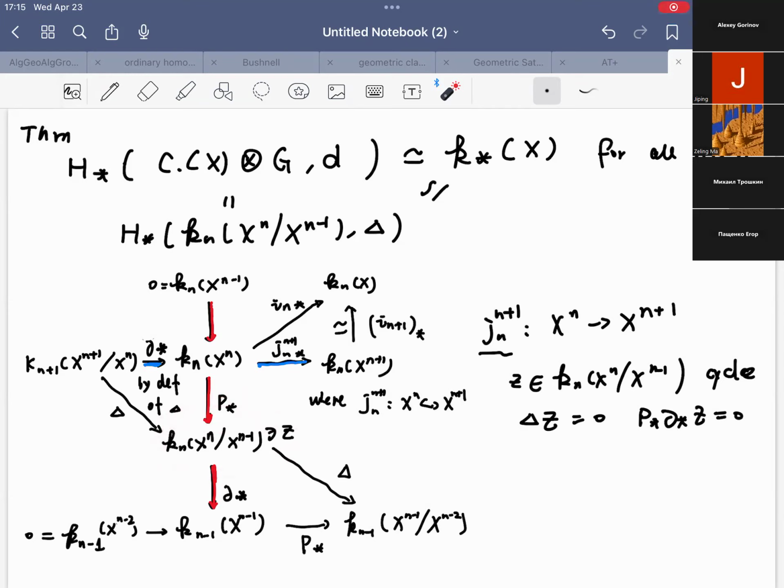We want partial star and the composite p star Z to be equal to 0.